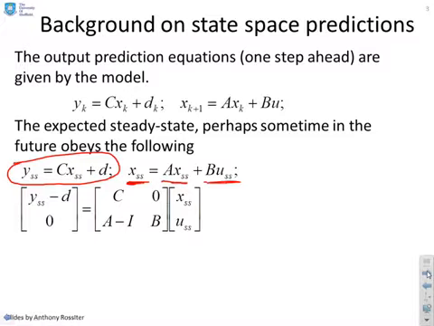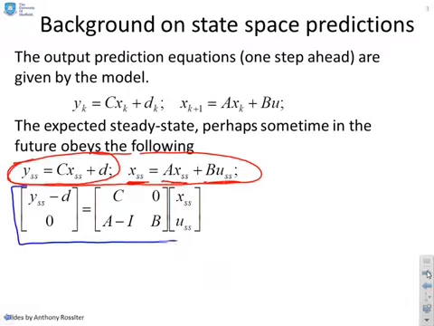If you take these two equations together, then what you find is you get a consistency equation, which I've just put this blue line around. So y_ss minus d over 0 equals a matrix [C 0; A-I B] times a vector [x_ss; u_ss].